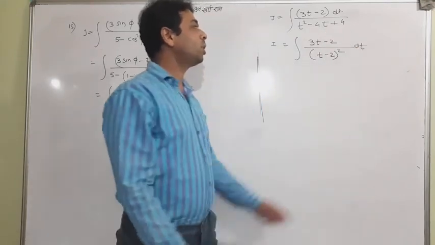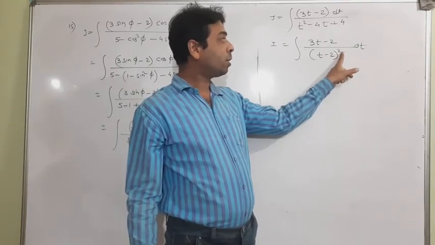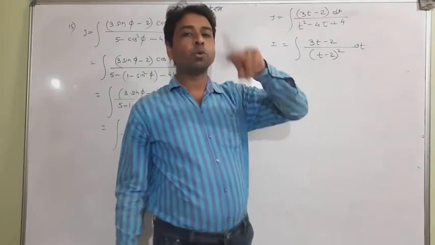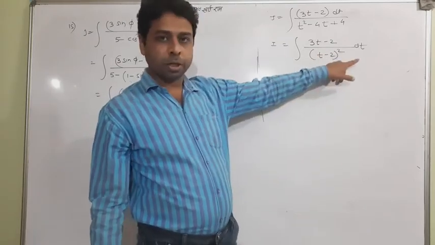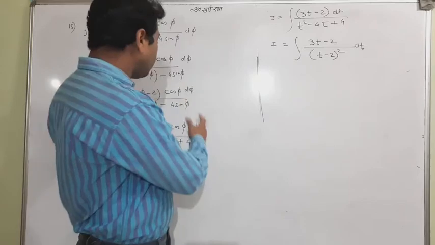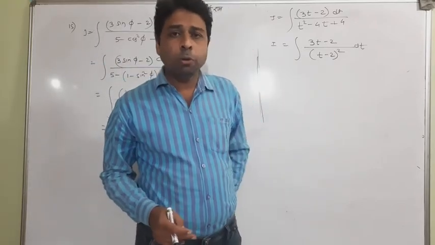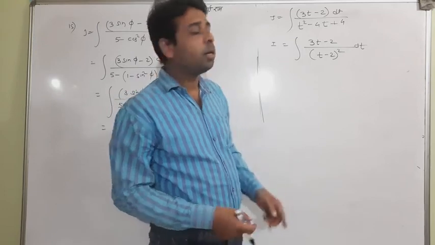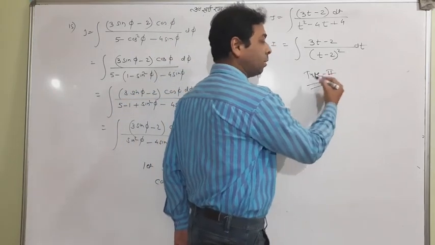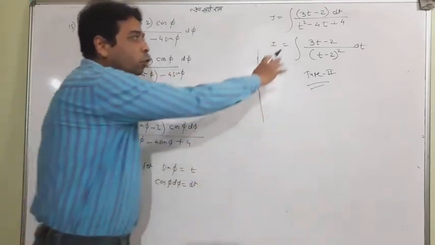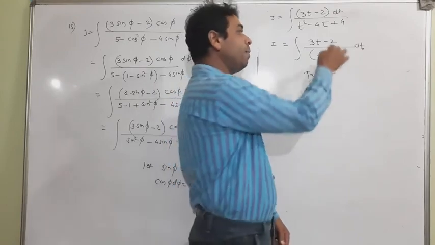And students, t minus 2 whole square is now a linear and repeating factor. So it's type 2. I taught you linear and non-repeating, and this is linear and repeating. So don't worry, this work will not be useless. It will definitely be used, but the method was important. This is a type 2 question and will be done later. So okay, now I'm leaving the job right here because it is a pending question. When I teach you type 2, I will tell you this one.